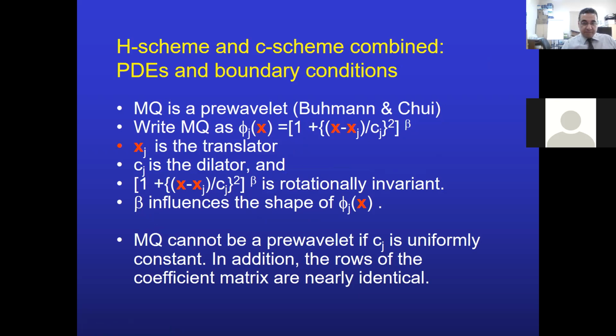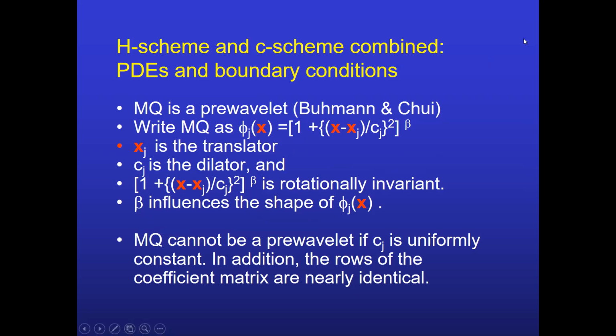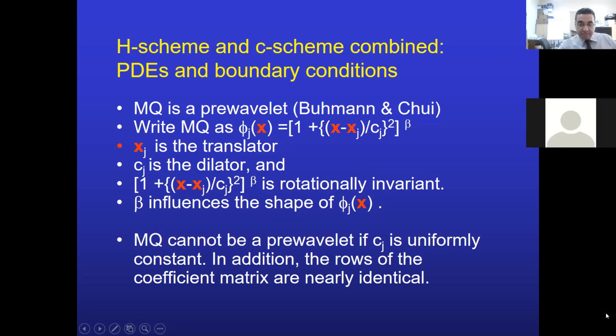Professor Chang was talking about the H scheme, which is really mesh refinement, discretization refinement, and the C scheme, which is adjusting the multiquadric shape parameters to get the best combination. You can do this for the PDEs and boundary conditions. One thing is that the multiquadrics and Gaussians are pre-wavelets. They are non-orthonormalized wavelet functions.